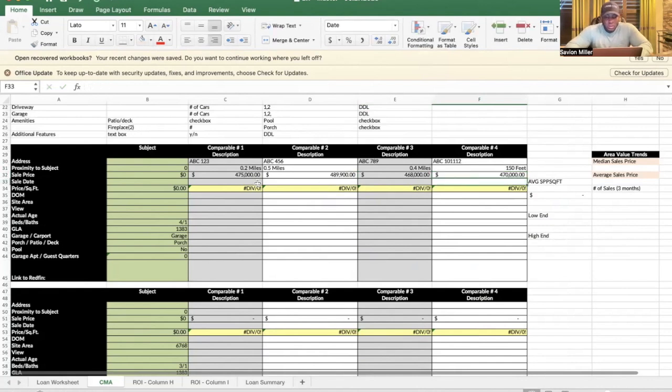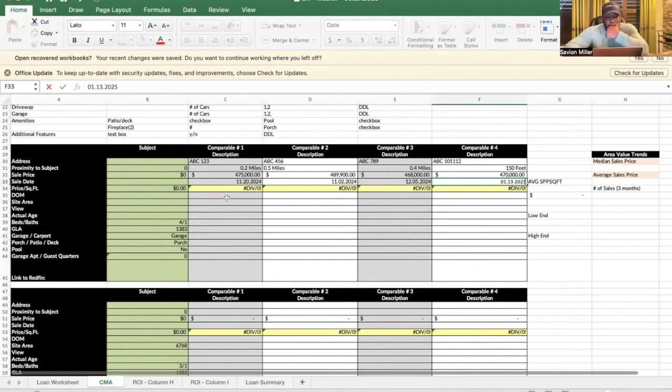So here we go. And you can put sales date, 11/20/2024, 11/02/2024, 12/05/2024, and then let's say we had one closed in January 2025.